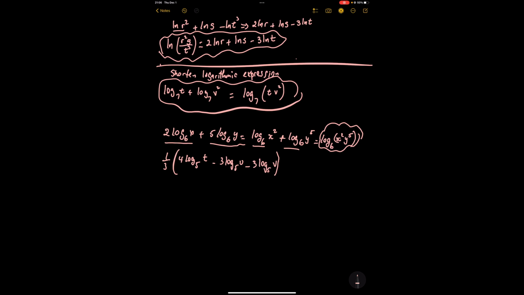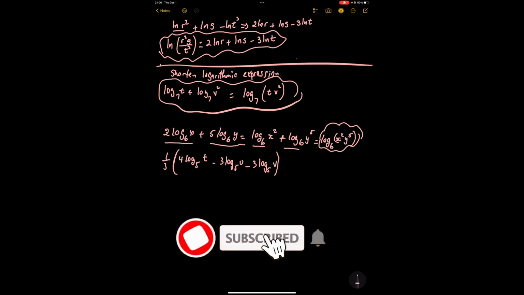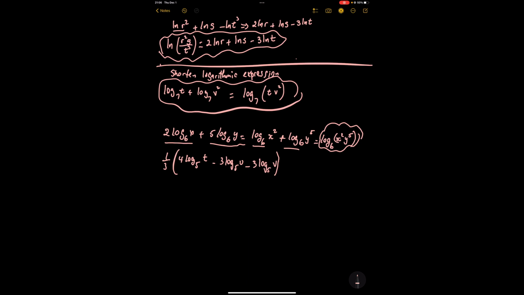So, what do we do first? Do you remember how when we had the 2 log 6 x, it was an exponent, like a squared? Well, when you have a third, when you have a half, it's going to become a square root, cube root, fourth root, or things of that nature.